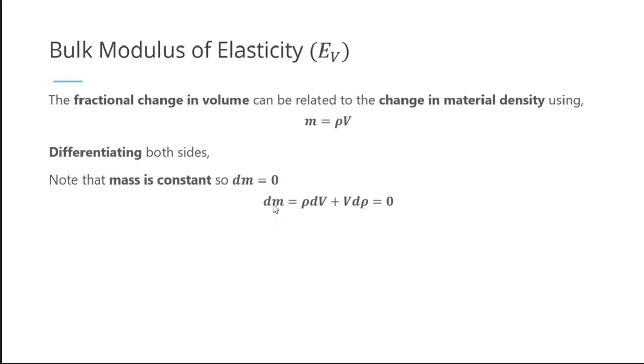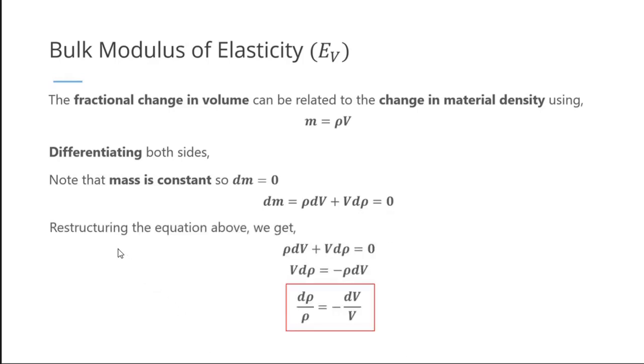So dm is equal to, rho is variable, so we can differentiate this. Also the volume. So from differential calculus, we have here the product rule, UdV plus VdU. So rho dV plus V d rho is equal to 0.